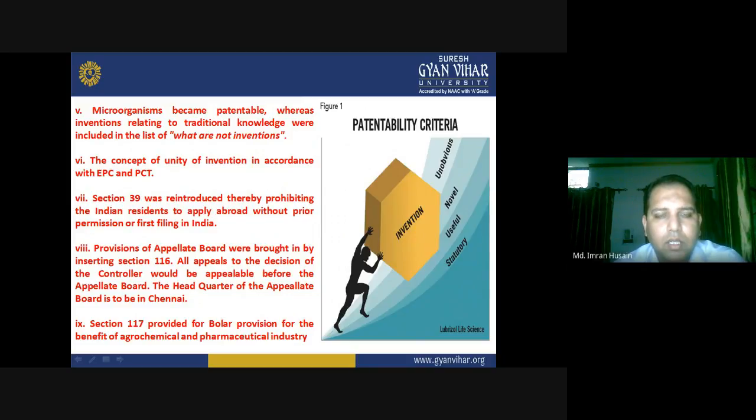Section 39 was reintroduced, thereby prohibiting the Indian residents to apply abroad without prior permission or first filing in India. So, because of Section 39, if you are filing for patent outside India, right, then you first have to file for permission to be taken from India.